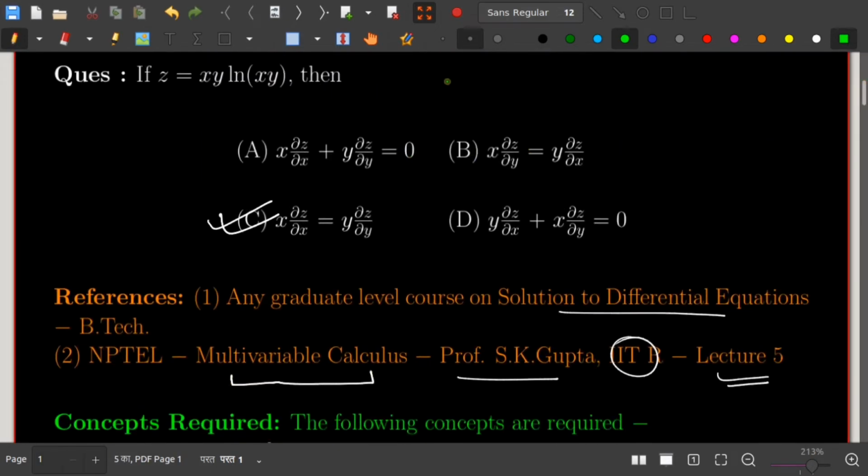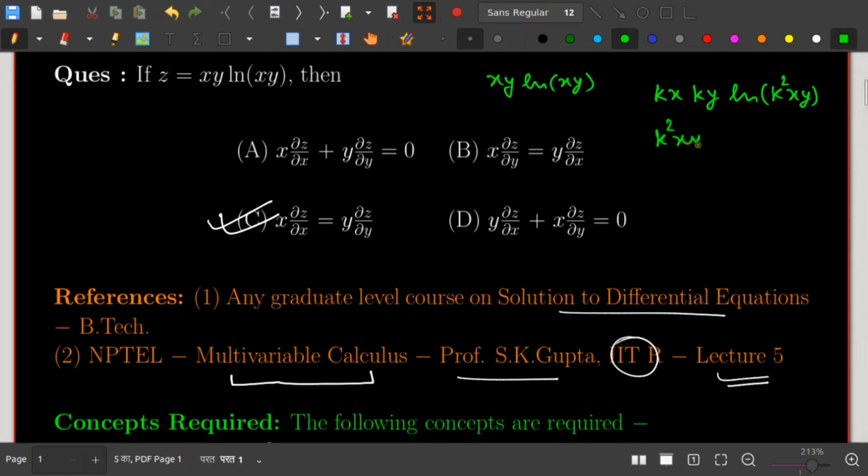Well, if you observe, this function xy ln xy is not really homogeneous, because if you substitute x with kx and y with ky, what you end up getting is k square xy ln k square xy.